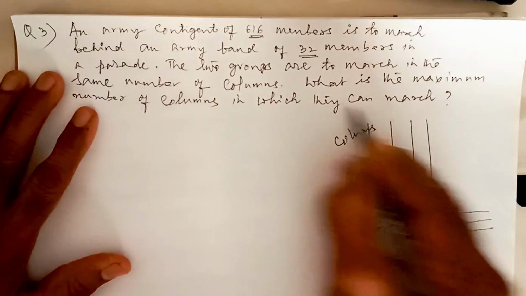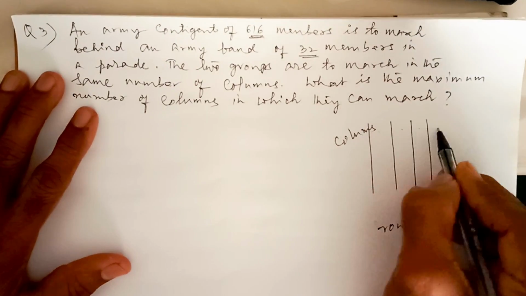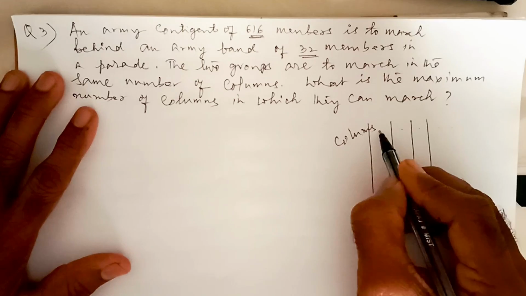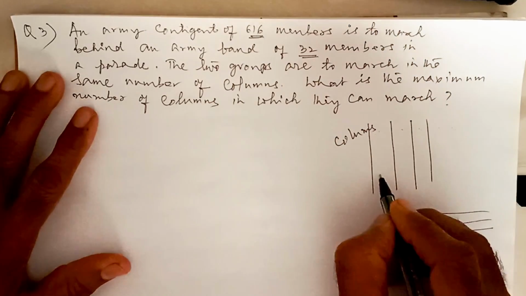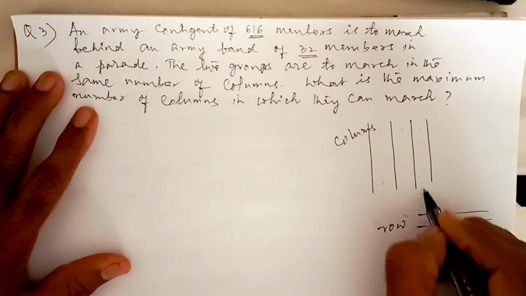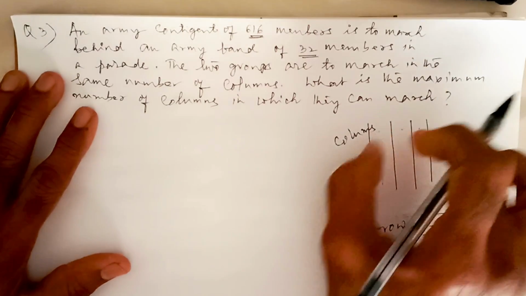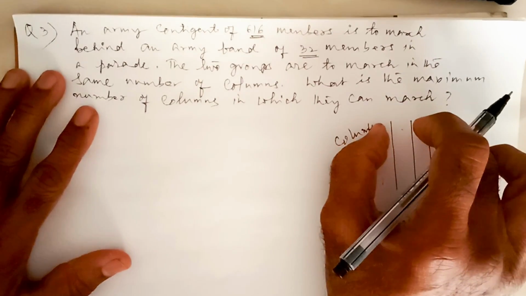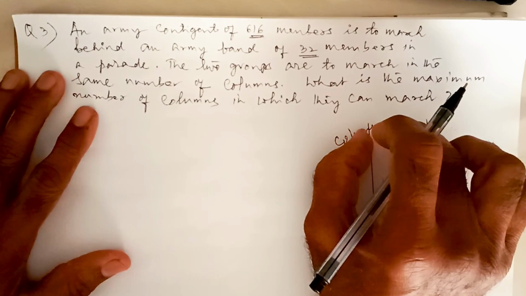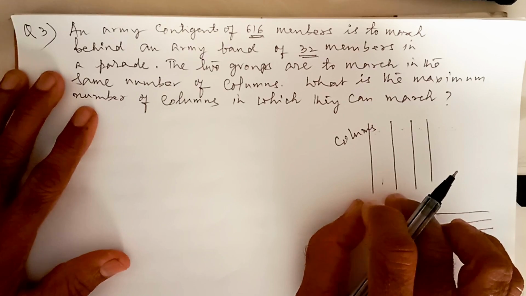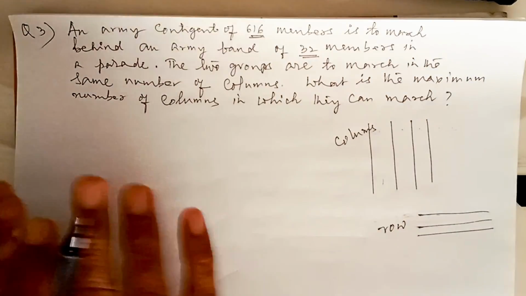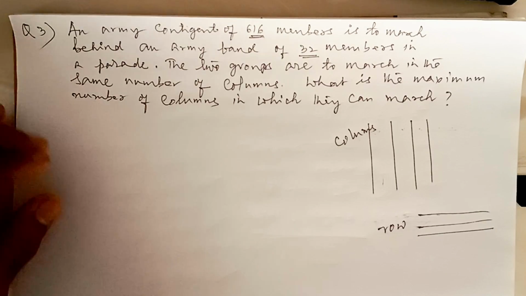Suppose 32 members are said to go in some columns, say about 8 people or 4 people, and behind them 616 people should also march in the same way in the same columns. So you need to find out how many people in each column can march, behind which these members also will march. The question looks a little tough, but the question is simple in fact.